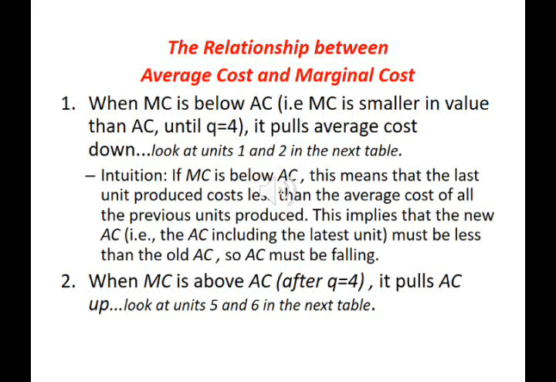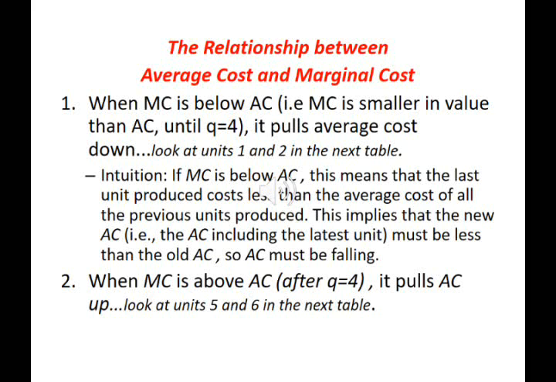We will again be looking at the table and the graph to confirm this idea. But let's move to the second range. What about when marginal cost is above average cost? When marginal cost is above average cost, which means that the marginal cost in this case will be bigger in value than the average cost, which will happen on our graph after Q equal 4, you will find out that it will be pulling the average cost upward, as if pulling it up.